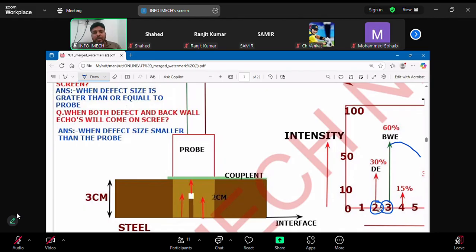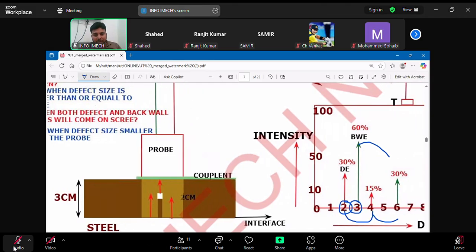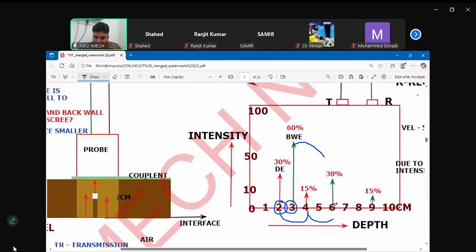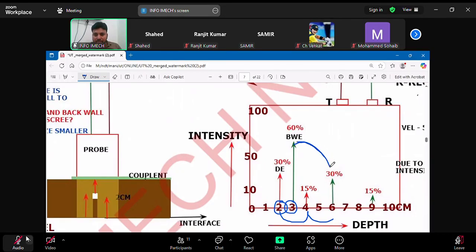Next, the defect is coming at 2. Where will the reflected echoes come? 4, and the third one, 6. But here you see there is already a back wall reflection at 6.